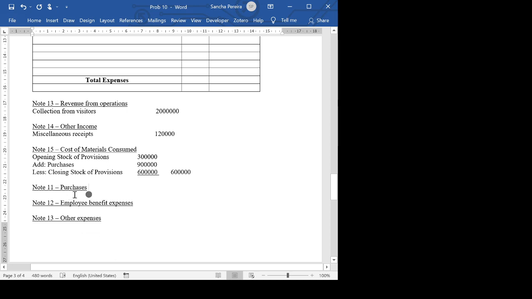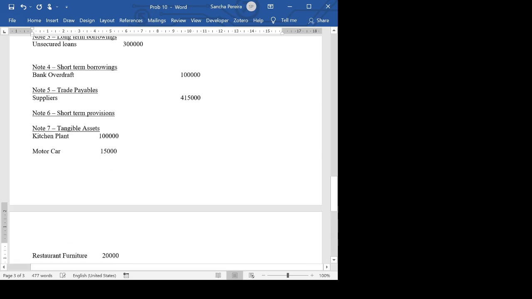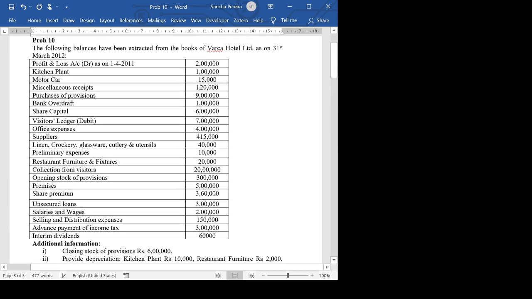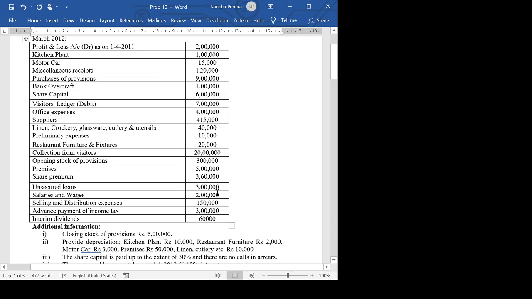Next we have employee benefit expenses. That would be note 16. I think we have salaries and wages, 2 lakhs.